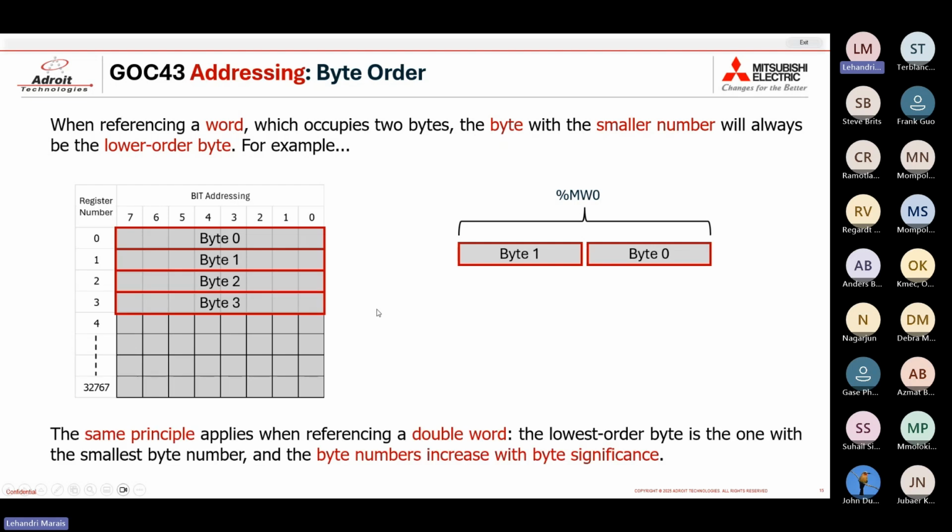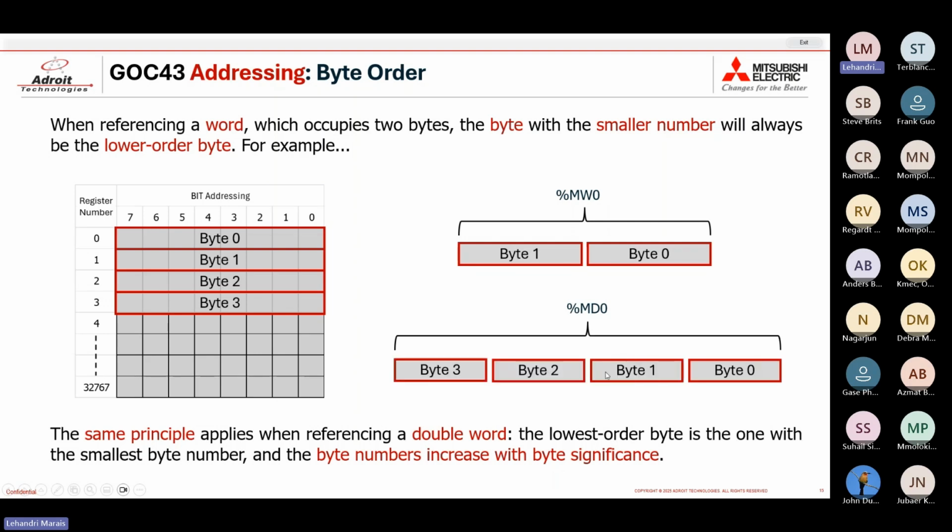The same principle applies when you reference a double word, with the byte significance increasing with your byte numbers. So for percentage sign MD0, you would start off with byte 0, 1, 2, and then finally 3.